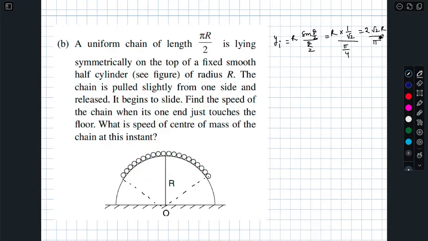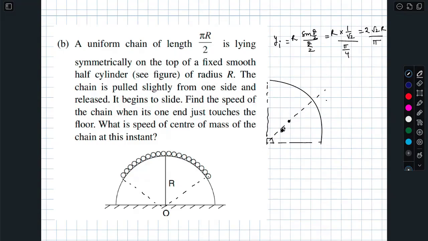Now find the speed of the chain when its one end just touches the floor. Whatever I do, my answer is this. See, for example, if one of the ends touches the floor, here lies the center of mass.